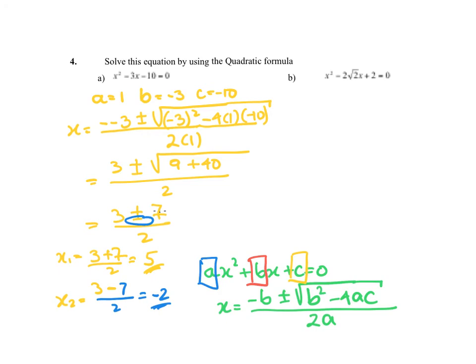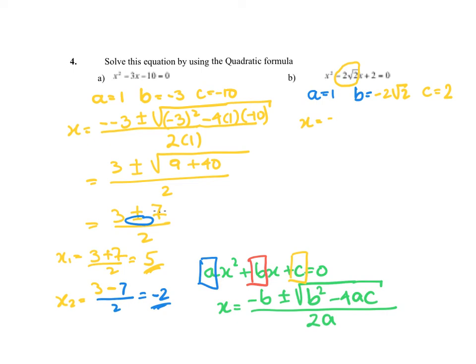Again, the same thing, I identify my a is equal to 1, b is equal to the coefficient of x, and that is all of this. It does look a bit nasty, but it's not that bad, and c is equal to 2. Again, let's substitute.